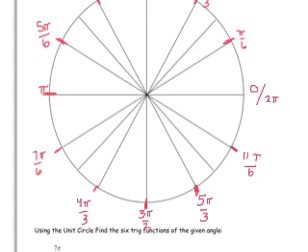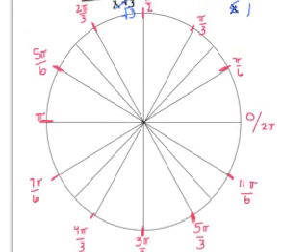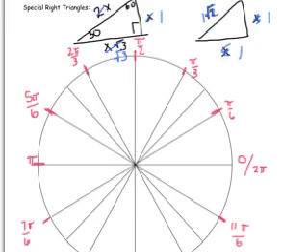Alright, let's do the 45s before we continue. So all the 45s, again, we should get in the habit of starting at 0, and then we go to the first 45. So the first 45 is 1 pi over 4. Remember, when you add 45 and 45, you get to the 90. So this is 2 pi over 4, but that still reduces to pi over 2.